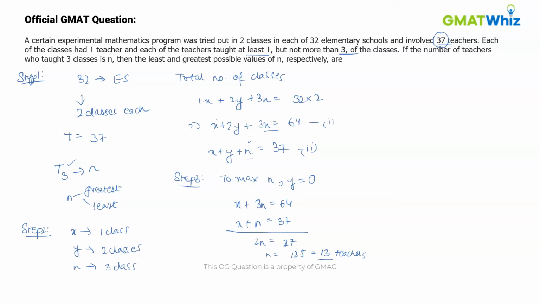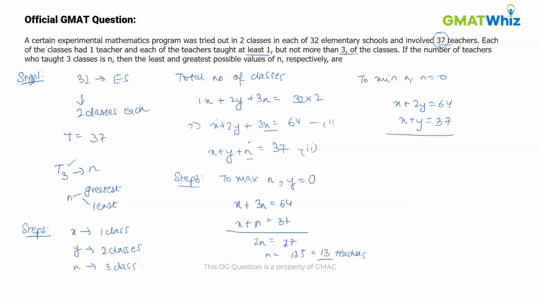We now find the minimum value of n. So to minimize n, since x has to be present because every teacher takes at least 1 class, we take the value of n to be 0. On substituting n equal to 0 in equations 1 and 2, we get x plus 2y is equal to 64 and x plus y is equal to 37.